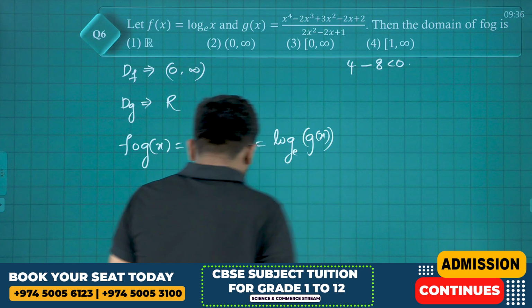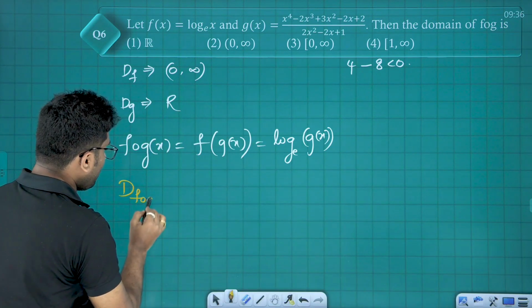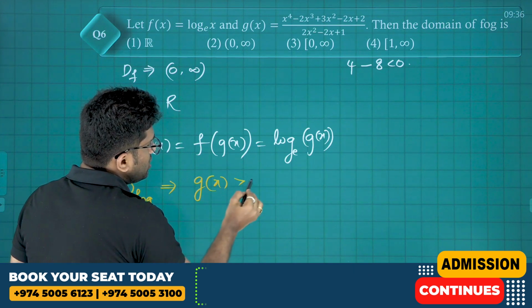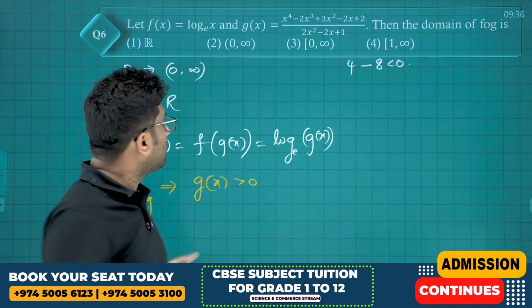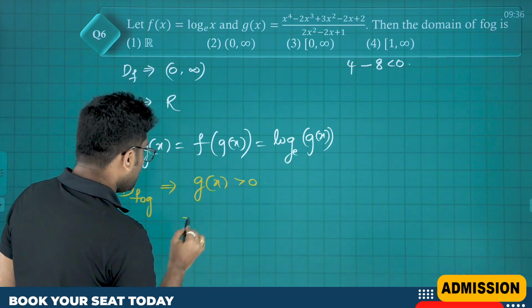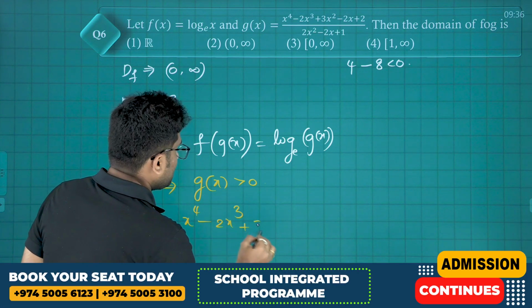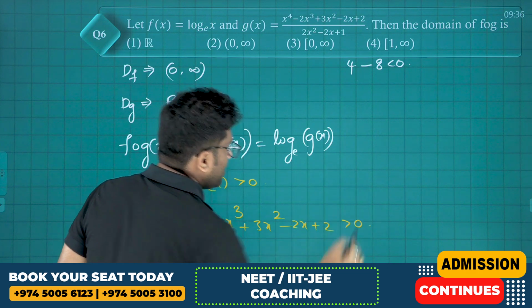That means, so domain of f circle g is nothing but g of x should be positive. Anyhow, denominator is always positive. Now numerator, that is x power 4 minus 2x cube plus 3x square minus 2x plus 2 should always be greater than 0.